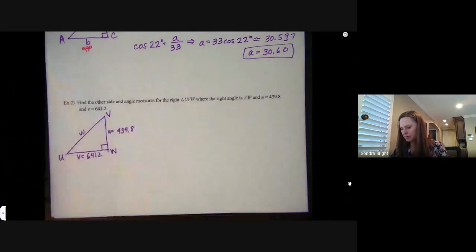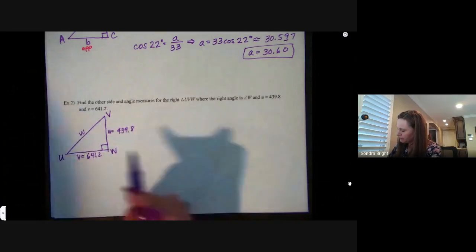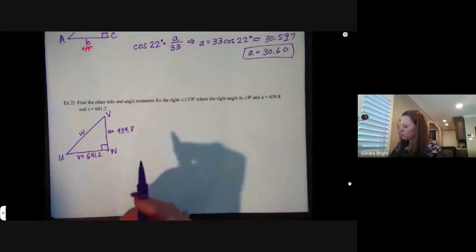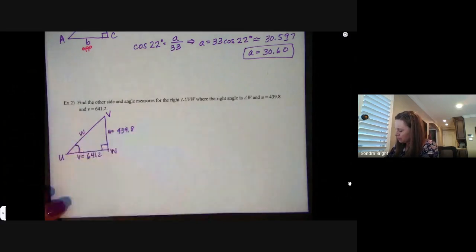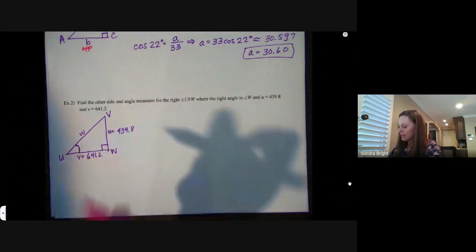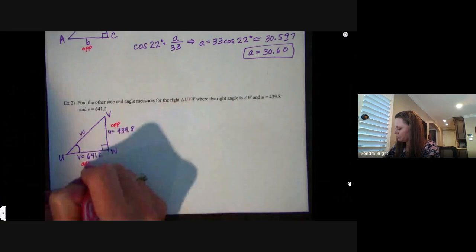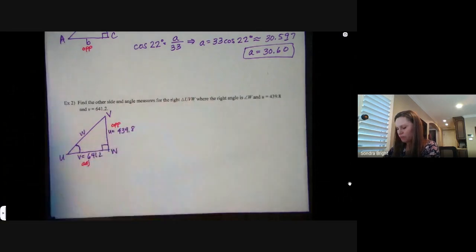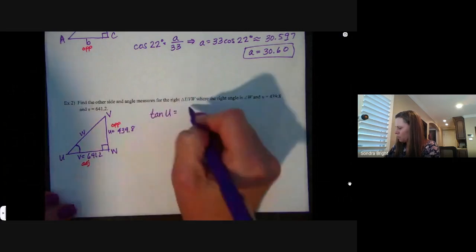All right, so let's start with angle U. This angle here. So what I know about U, I know that for U, this side would be the opposite side, and this side would be the adjacent side. So I can use tangent. Tangent of angle U will equal 439.8 over 641.2.